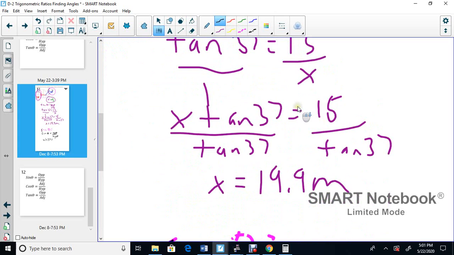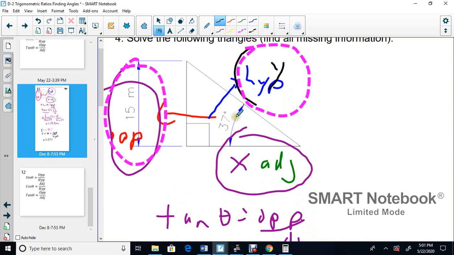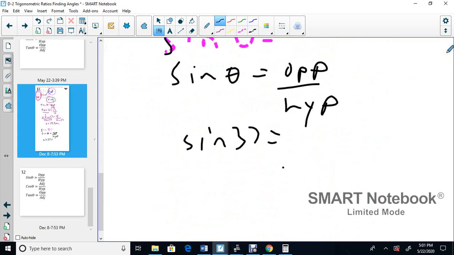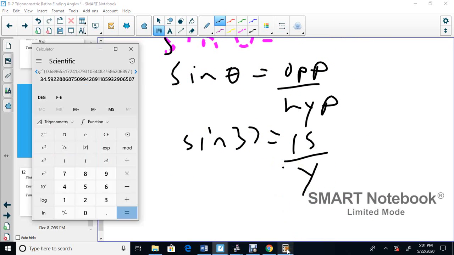So sine is 15 over y. I'll use the calculator to find sine.